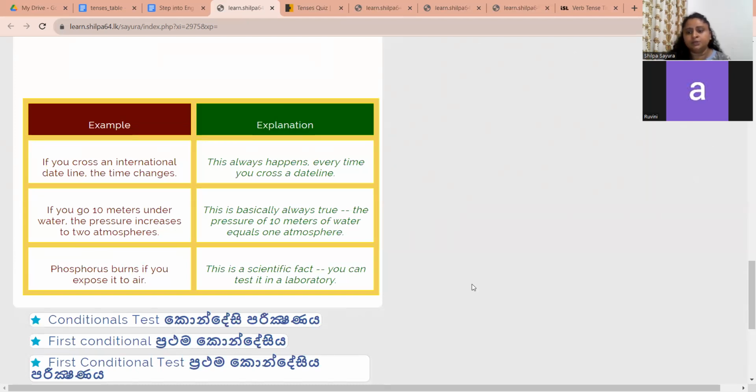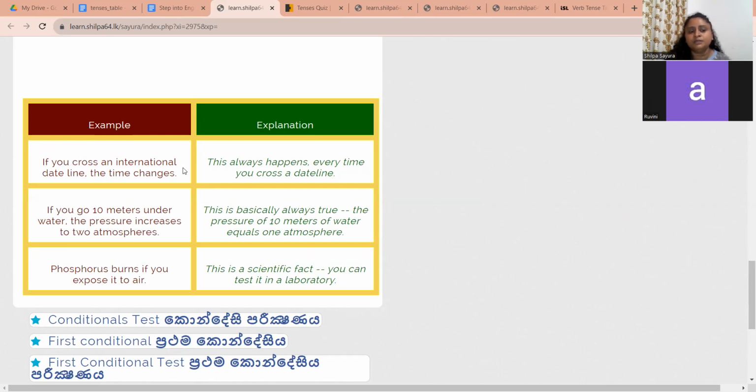For us it is 8:27. So can you tell the time for Japan? It's 3.5 hours ahead. So it's 8:30, 9, 10, 11, 12. It's 12 midnight next day. So it's a scientific truth. So if you cross an international date line, the time changes.